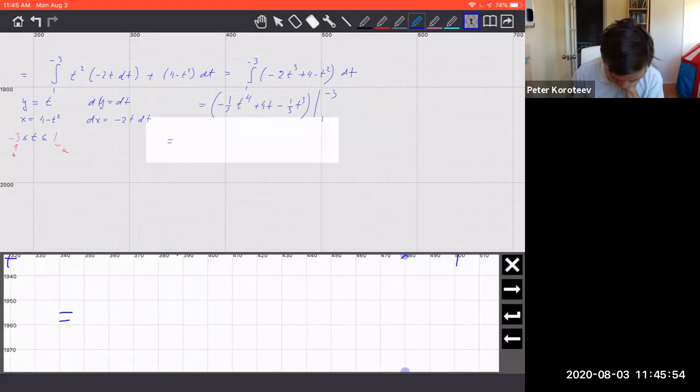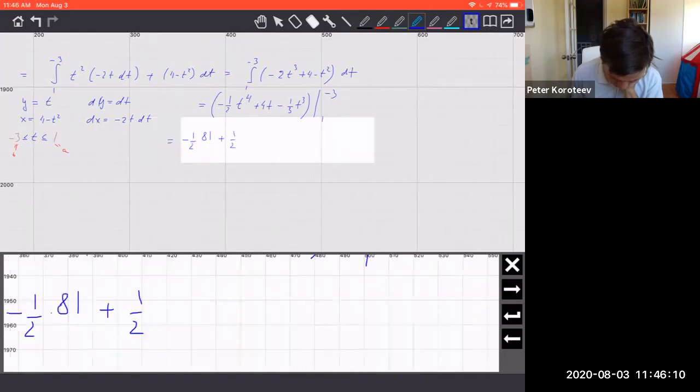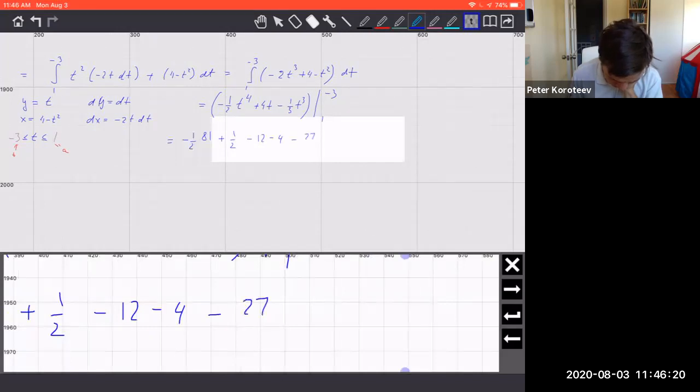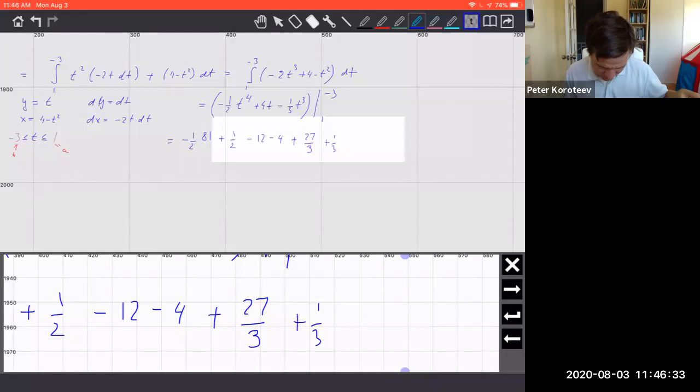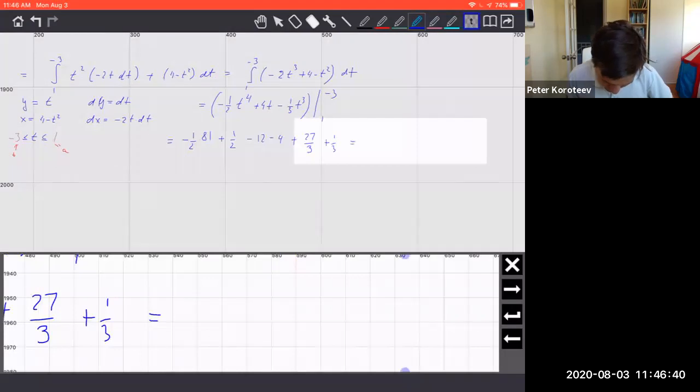So that's -1/2 times 81 plus 1/2, minus 12 minus 4, minus 27 thirds, or plus 27 thirds, excuse me, and then minus 1/3, plus 1/3. Well, I need to simplify that, right?